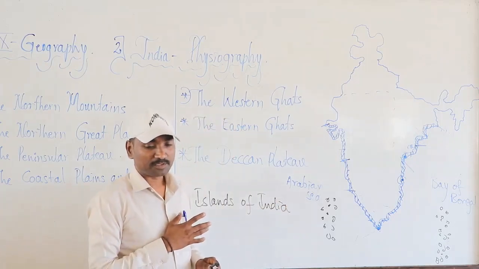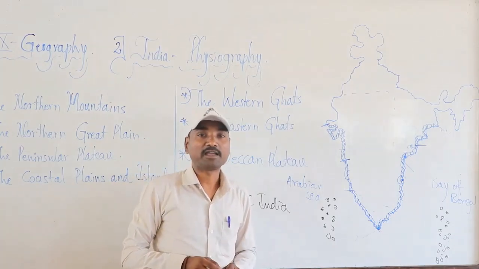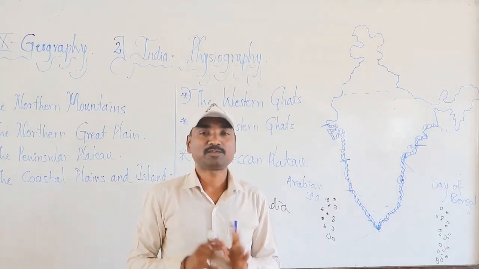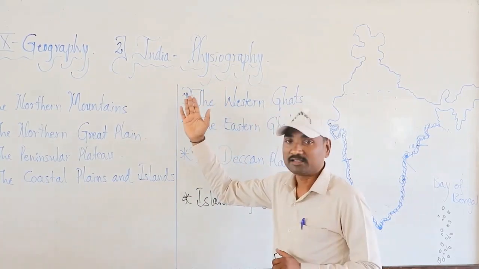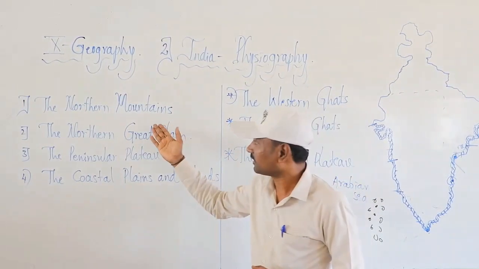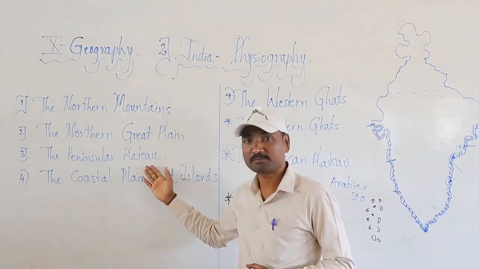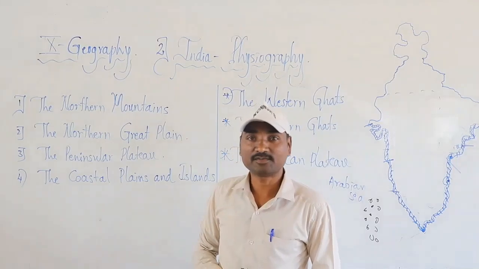The Lakshadweep Islands are formed by corals. This is what we studied about Indian physiography: the physical divisions like the northern mountains, the northern Great Plain, the peninsular plateau, the coastal plains and the islands of India.